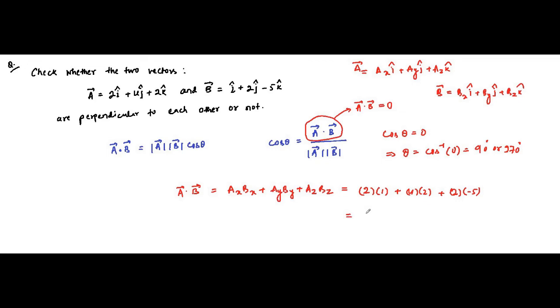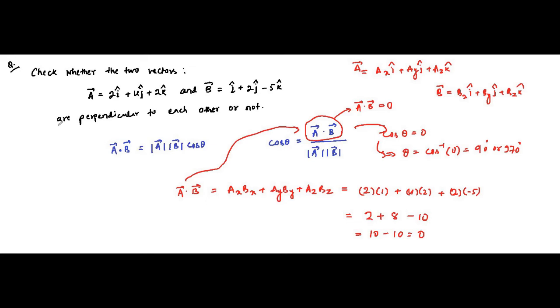So this is 2 plus 8 minus 10, 10 minus 10, which is equal to 0. So here this dot product is coming as 0. When the numerator becomes 0, then cos theta is 0, then theta is equal to cos inverse of 0.